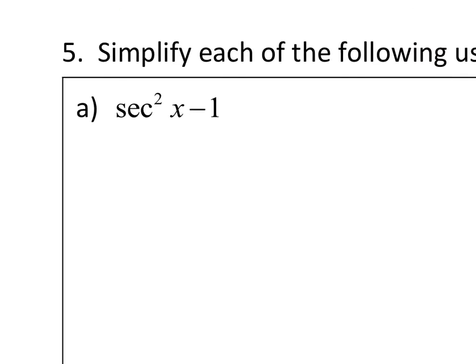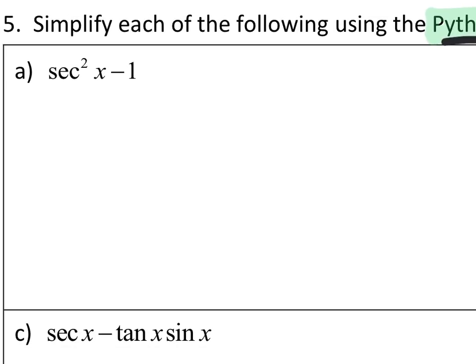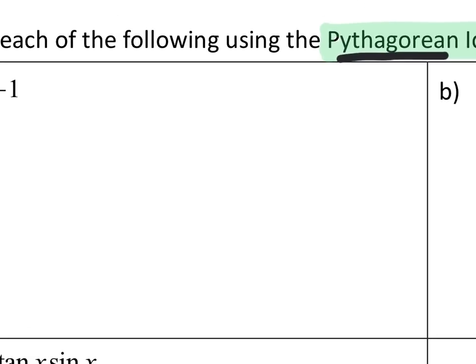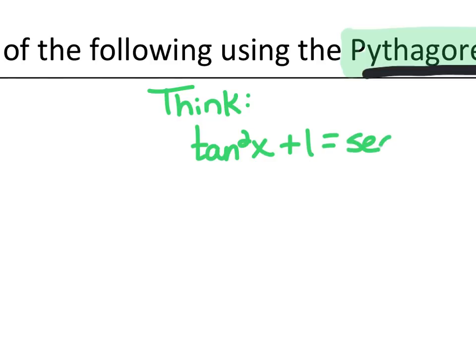And so the first thing that you want to do is look for the identity that has secant in it. You don't have to write this part, but here's what you're thinking. That identity is tangent squared x plus 1 equals secant squared of x.